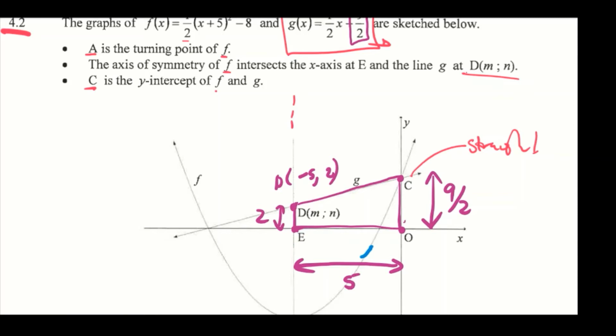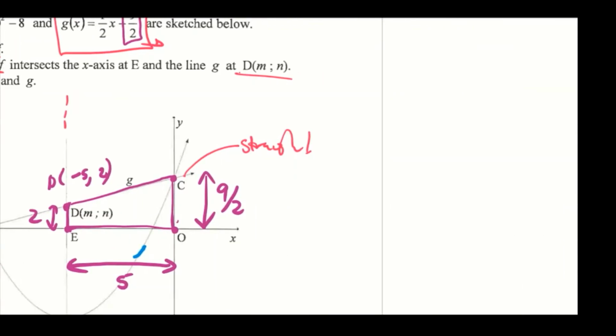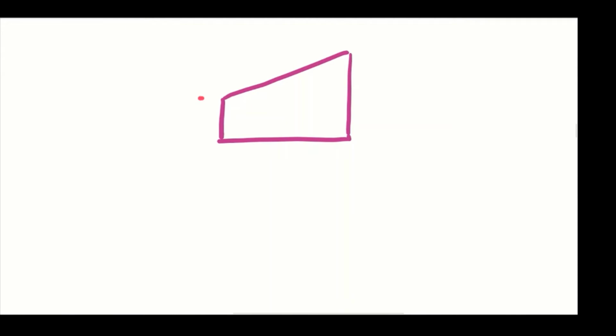So if I were to just write down the shape of this trapezium, it's going to look something like this, right? Where this small part here and this large part and this distance here. So this is 5 units.